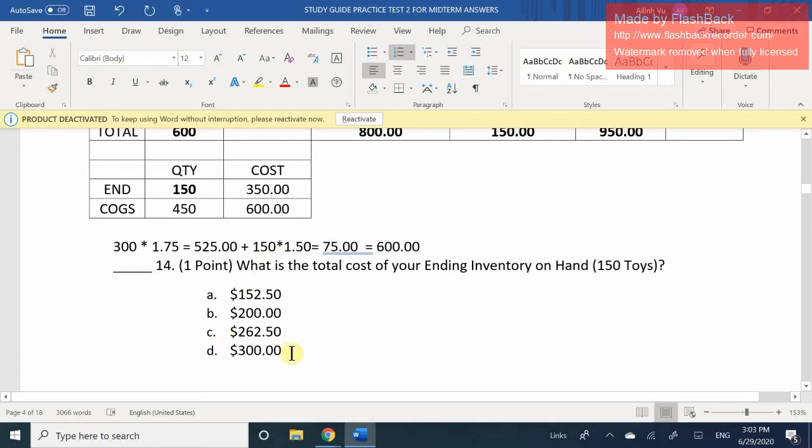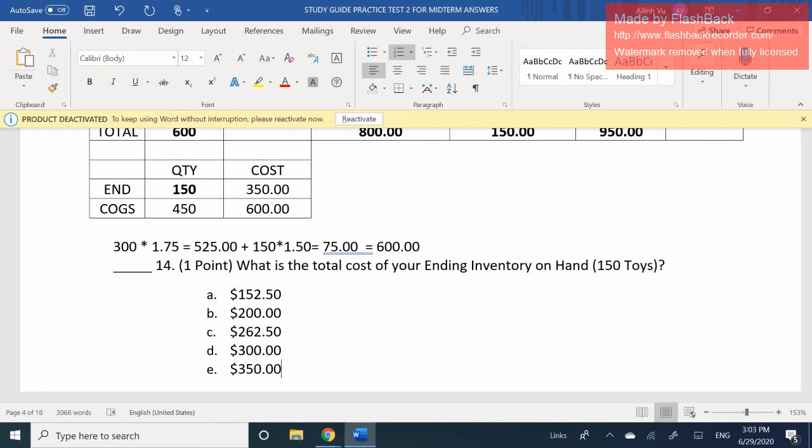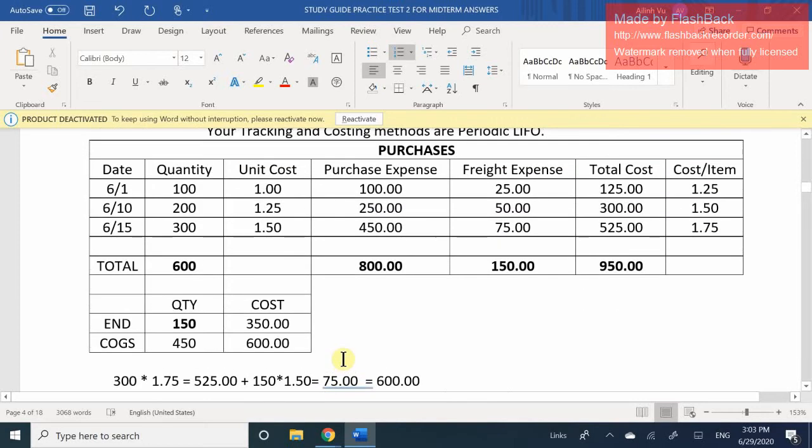All right, I guess we're going to have to include E, which is $350. That's so weird. I could have sworn this is the one I used for the previous one. I have no idea why it didn't pan out. Let me make sure the calculations are correct. Everything looks good. 800 plus 150 equals 950, so that's correct.